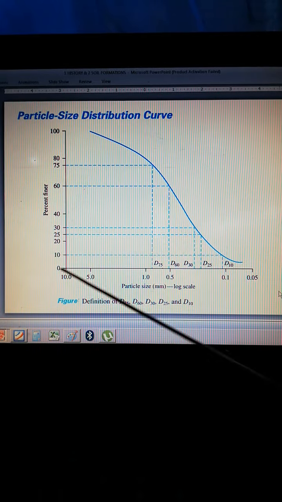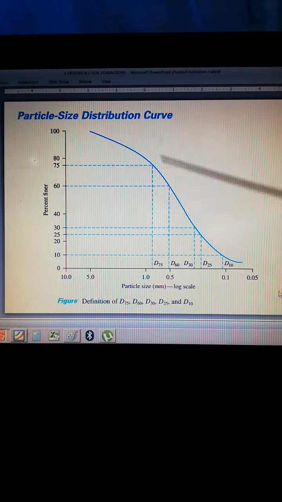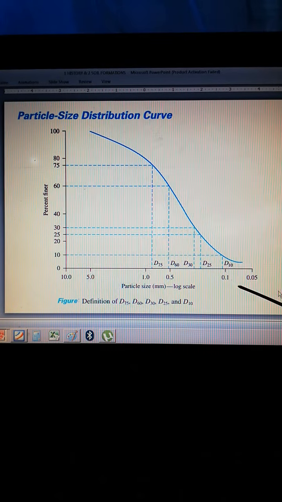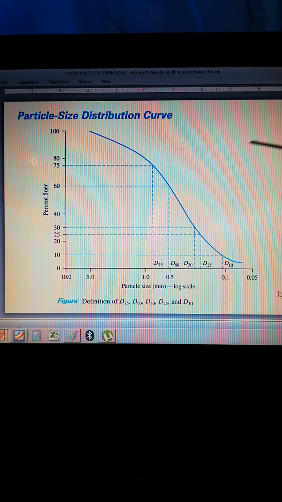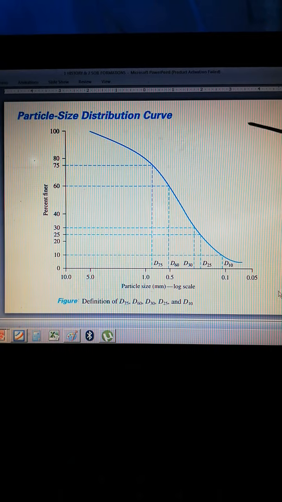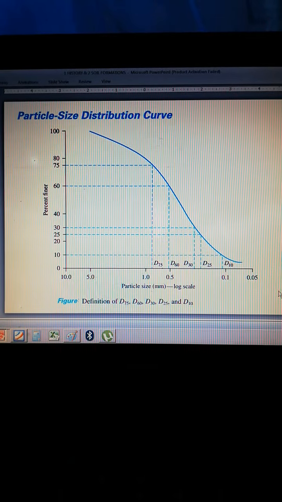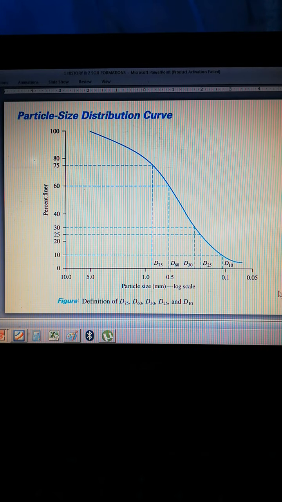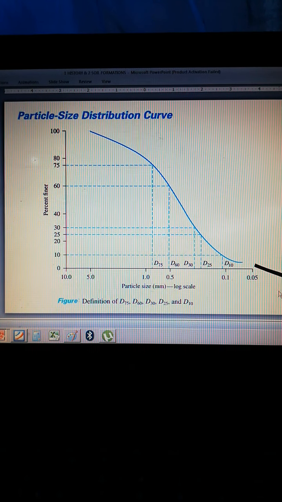But if you have a smaller diameter on this side, greater diameter on this side, you have the opposite of this curve. So, you will have a plotting like that. So, this one will be here, like so. Because if you have a copy of our manual, it is opposite. We start with the smaller and bigger on this side.